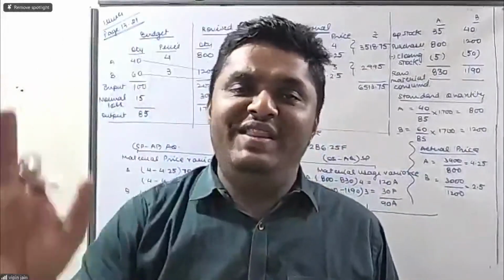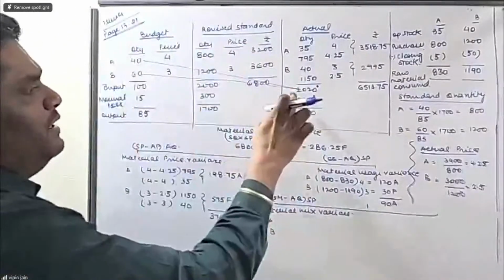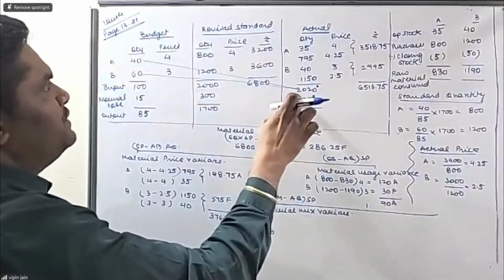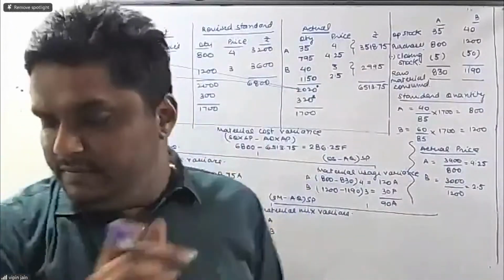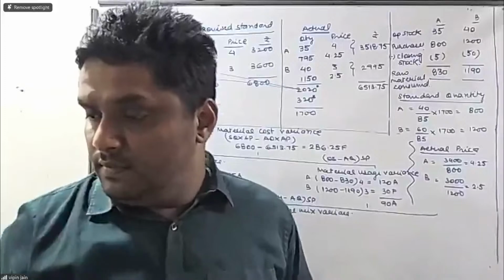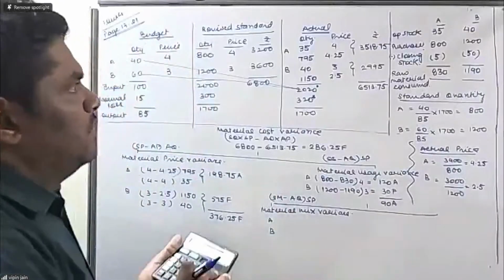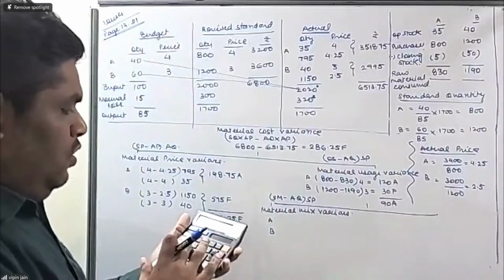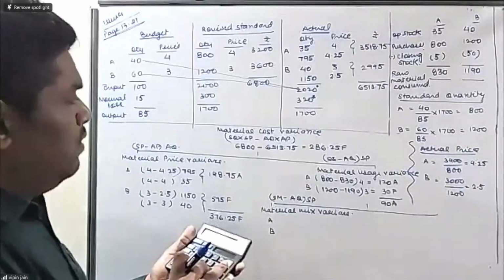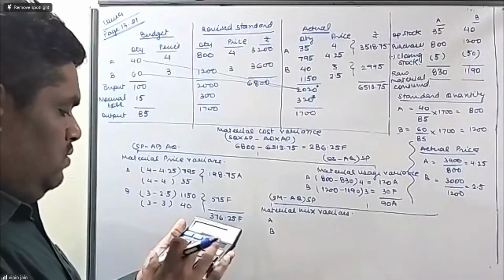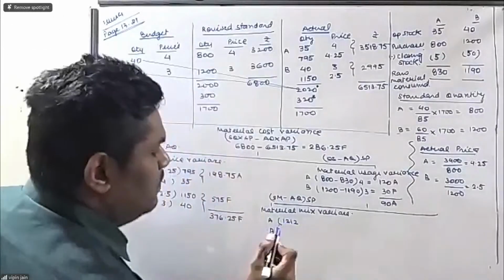You can simply write the formula and calculate the standard mix. I'm just making these lines for your understanding, that this 2020 should be in the ratio of 4:6. So 2020 split gives 808 and 1212.